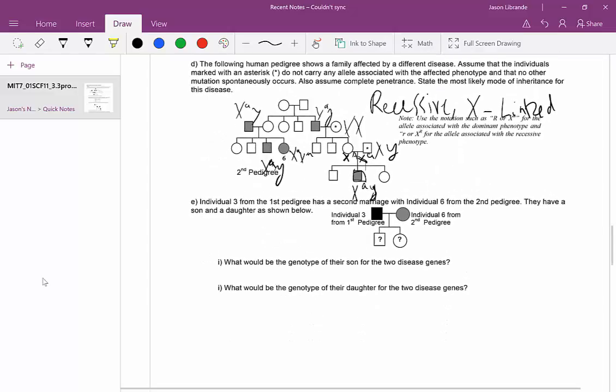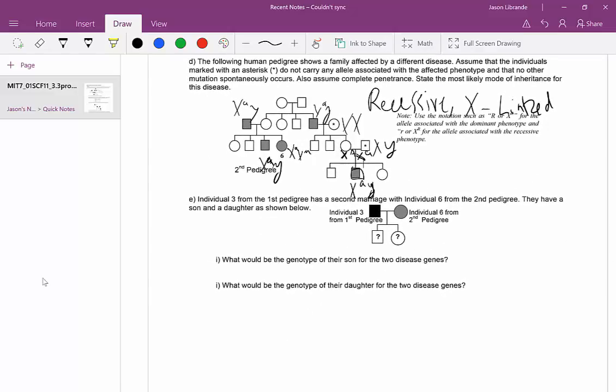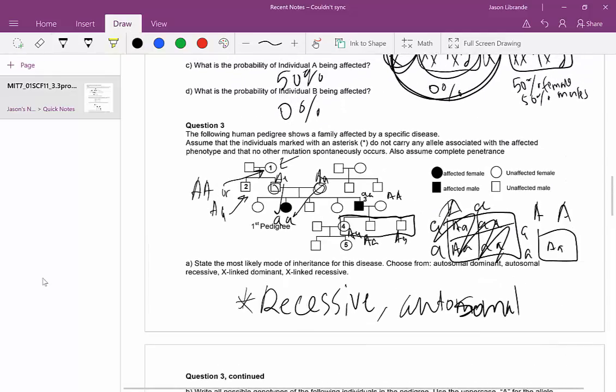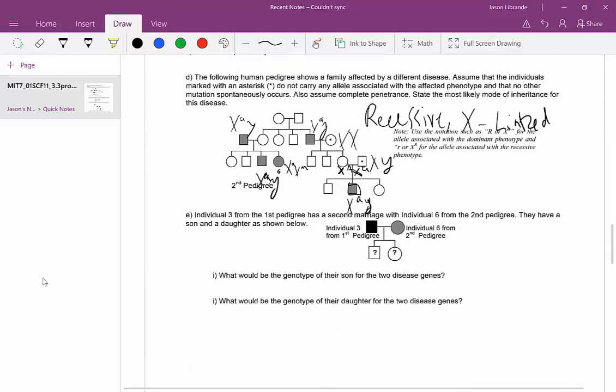So really we can stop there, since it didn't ask us to find genotypes, so we don't have to fill all this out. But here we're going to be crossing individual 3 from the first pedigree. So it looks like this one. So they're lowercase a, lowercase a. And it looks like they're not going to be affected by this gray allele.